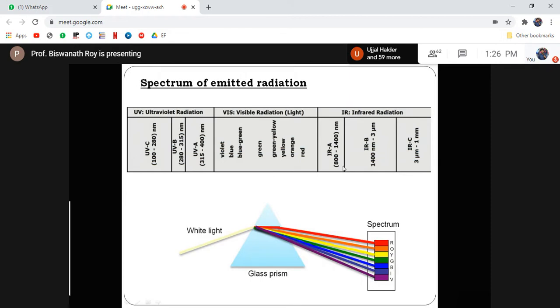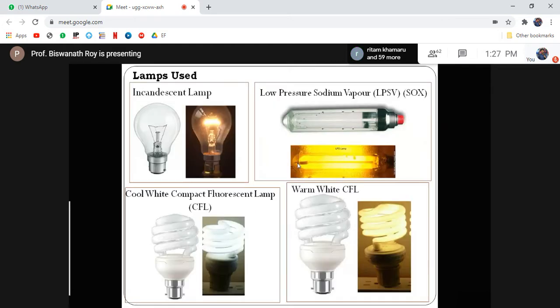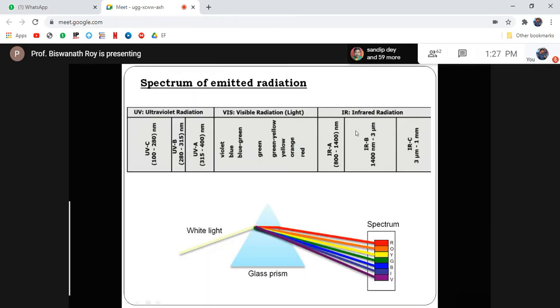The light source primarily emits visible radiation the most, but it depends on the type of light source. For example, in an incandescent lamp, maximum radiation goes to the infrared radiation, and a relatively small portion goes to the visible radiation. That's why we feel heat in the presence of an incandescent bulb.